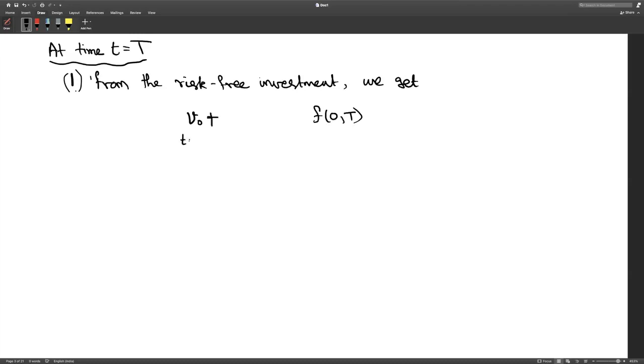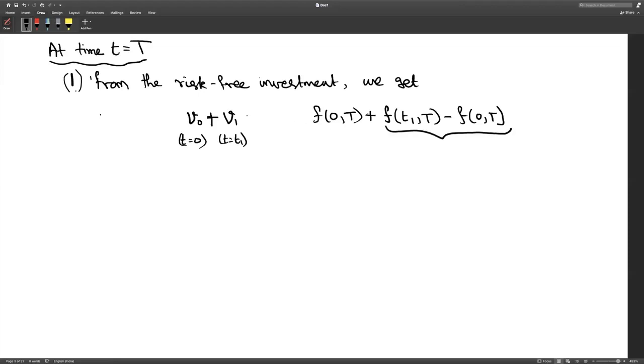This is at time t equal to 0. At time t equal to t1, we got V1. How much did we invest? We invested whatever we obtained from the marking to market, and that is amplified. So that is going to be F(t1, T) minus F(0, T) times e^(-r(T-t1)) that we invested. That at time capital T has become like this.